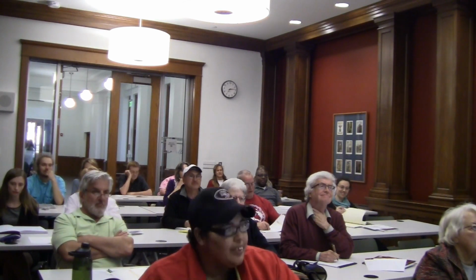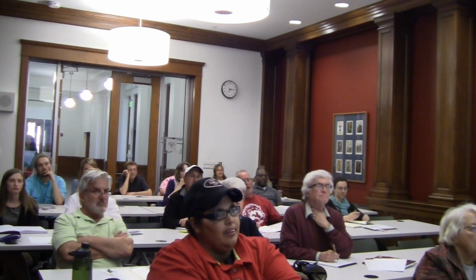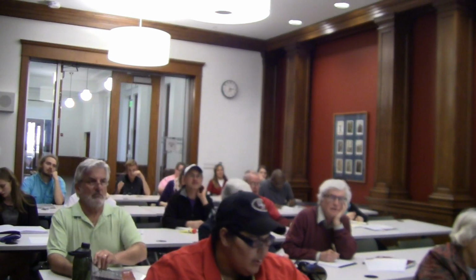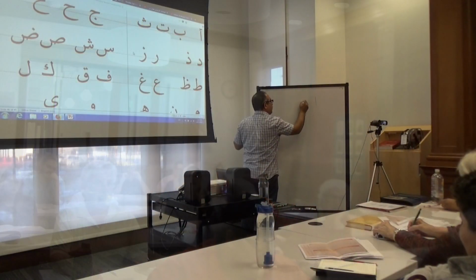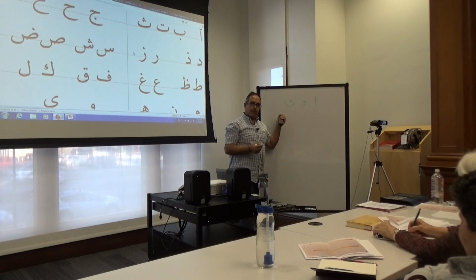These are the letters as they are by themselves, and you know when they are connected. Some of you asked me, I hear a vowel in this word, but I didn't see a vowel. We have three major vowels, right? What are they? Alif, Waw, Ya, and we know how to write them.